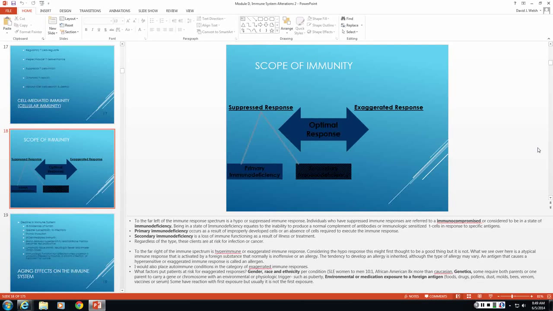What we see is a typical immune response that's activated by a foreign substance that normally is inoffensive, or an allergy. Now, the tendency to develop an allergy is inherited, although the type of allergy may vary. An antigen that causes hypersensitive or exaggerated immune response is also called an allergen.